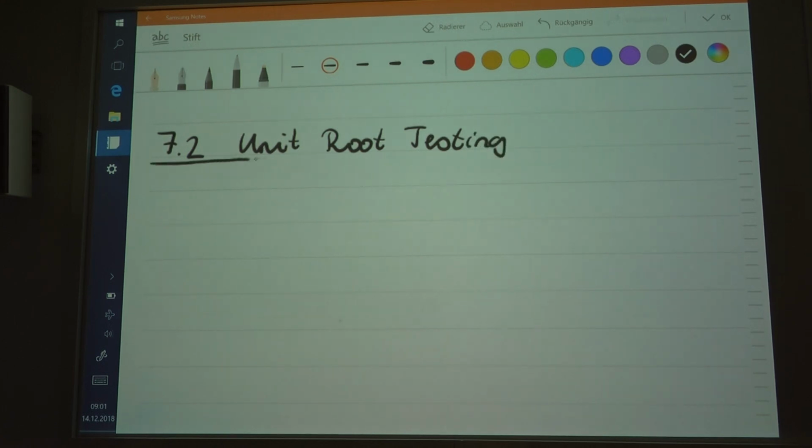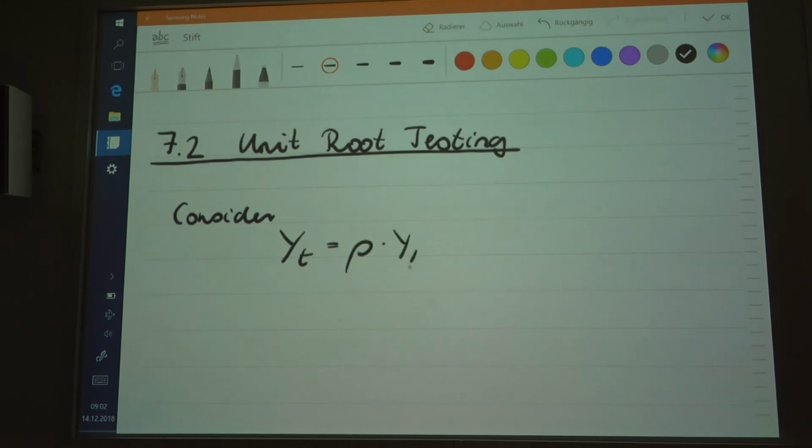So, how does it work? Consider, for instance, the regression. Let's say you have the following regression model: yt equals rho times yt minus 1 plus epsilon t, and of course epsilon t shall be a white noise by assumption.